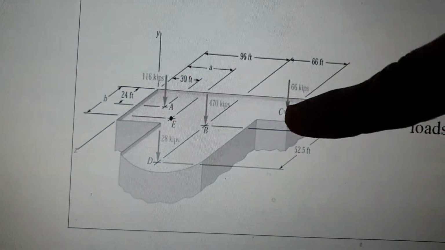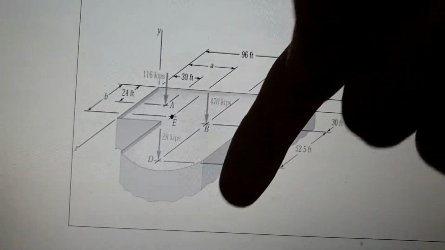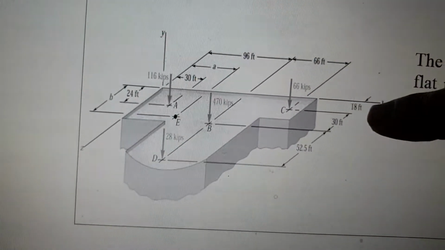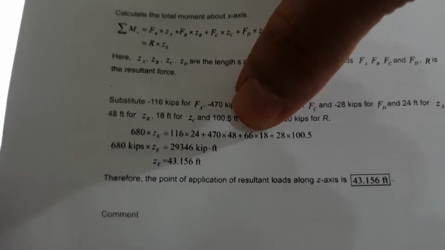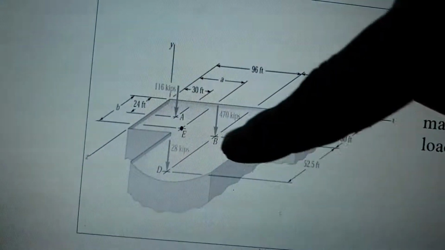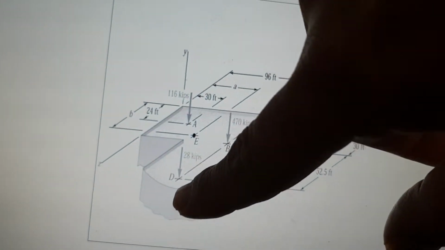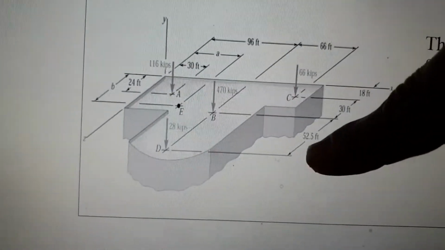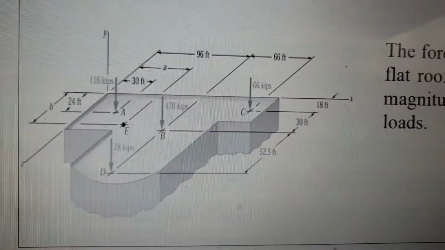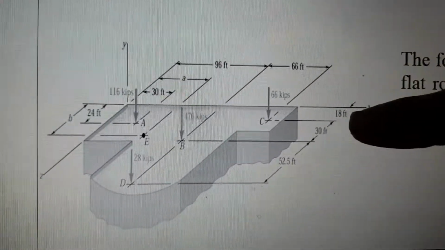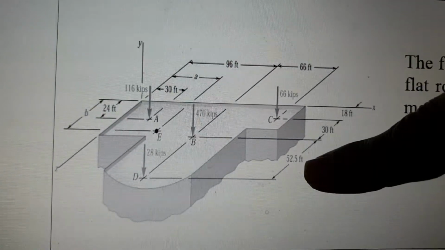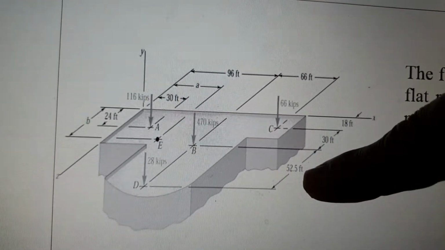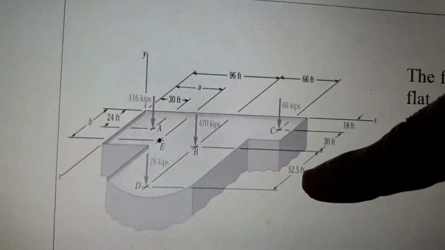Now let's go to the next one, 66. 66 is this one. In the z-axis, this is the z-axis toward the x. That's 18. So 66 times 18. The last one, 28. In the z-axis toward the x-axis, that's 18 and 30, 48, 52.5, which is equal to 100.5.